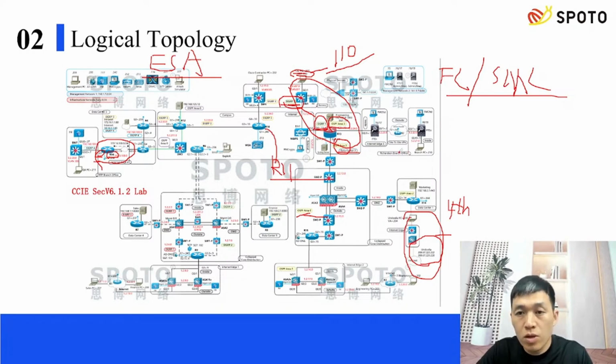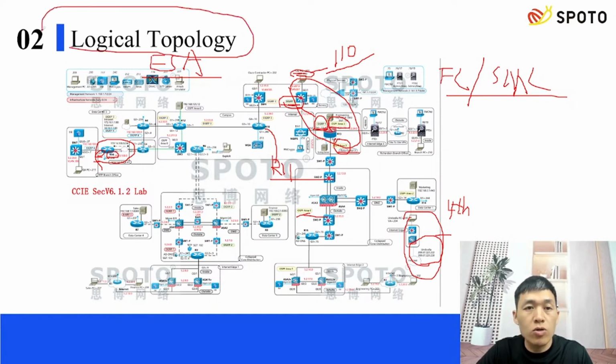Alright, so you should get familiar with this logical topology by checking with the requirements of each task, and finally get clear on the traffic flows.